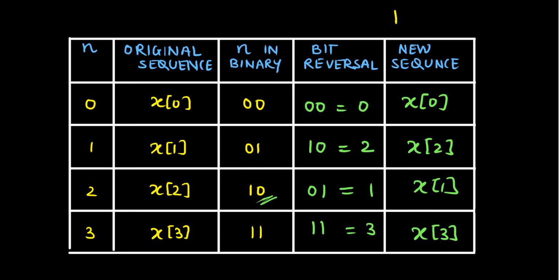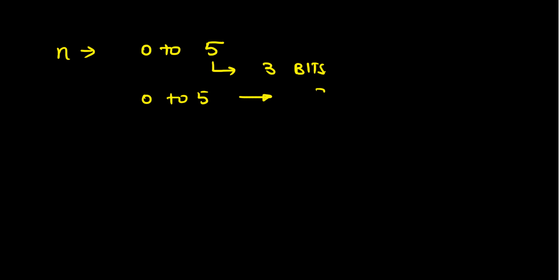That is, suppose we have the value of n from 0 to 5, then this 5 can be represented using 3 bits, which means that all the numbers from 0 to 5 are to be represented using 3 bits.